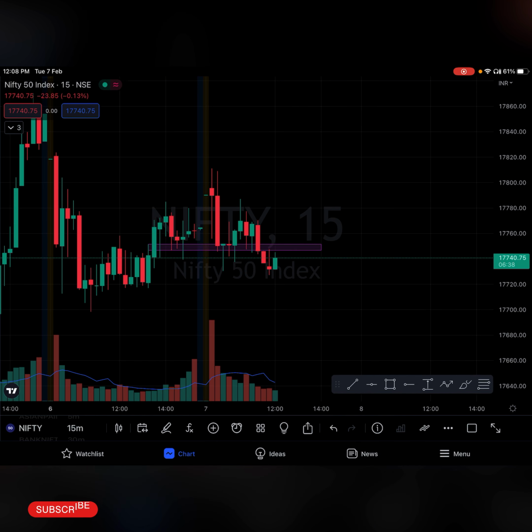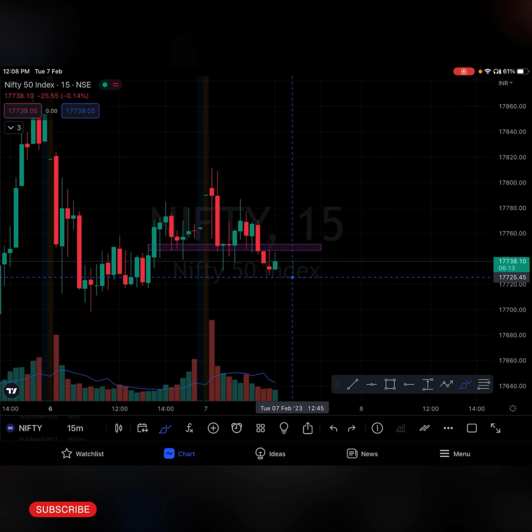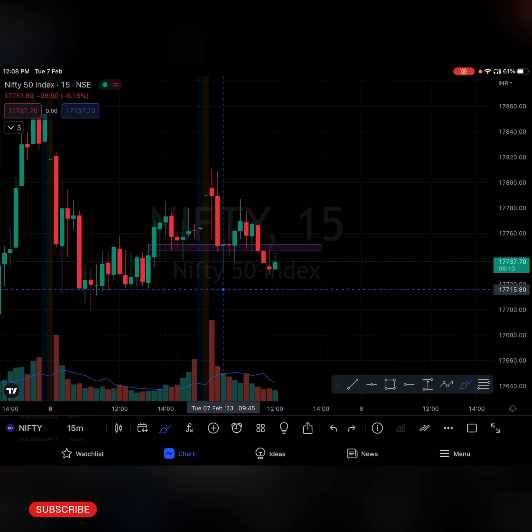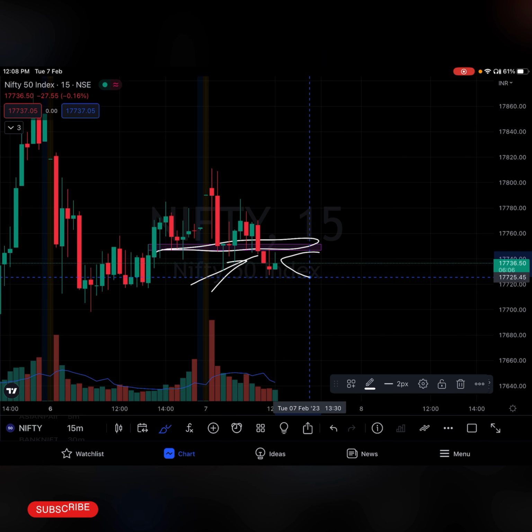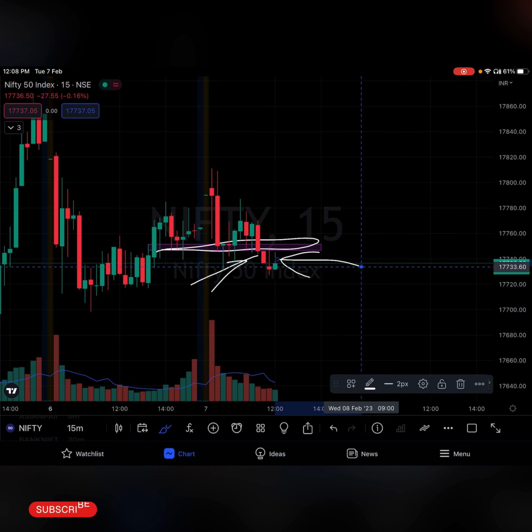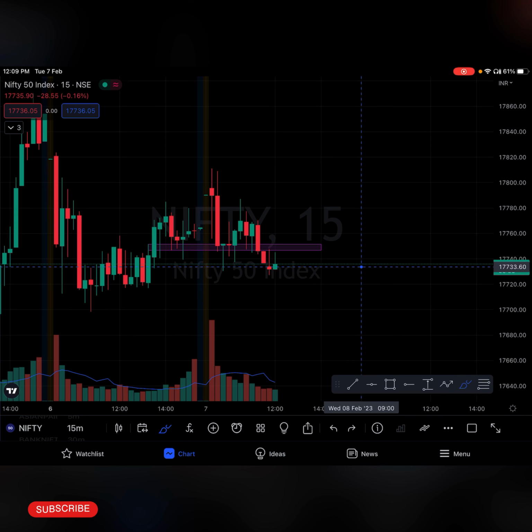As you have seen in my previous video, when a support breaks, it turns into resistance. So now this particular zone may act as resistance, and as I have told you already, when your analysis or chart shows that the market may turn downside from that zone, you have to buy put option.